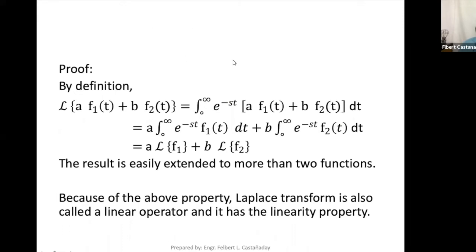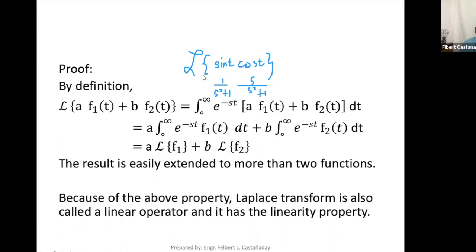Let's be clear here. Say, for instance, you are to determine the Laplace transform of sine of t times cosine of t. The Laplace transform is a linear operator, so you cannot just say, since you know that the Laplace transform of sine t is 1 over s squared plus 1 squared, or 1, and the Laplace of cosine is s over s squared plus 1.